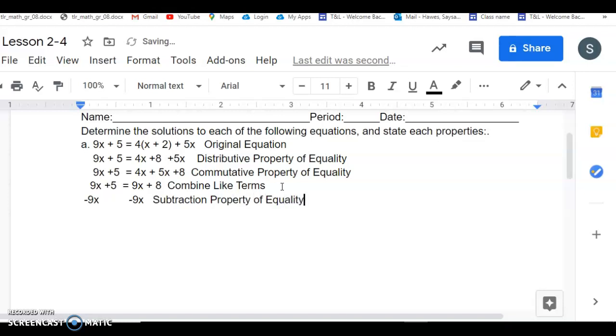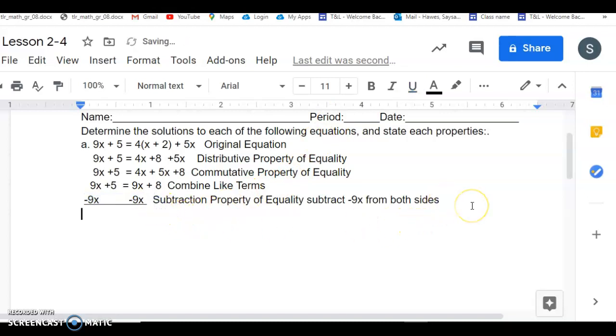Okay, so now what I have, that means I subtract. I'm gonna go ahead and say subtract 9x from both sides. Okay, so now I subtract that and draw the line underneath it so that way I can see.